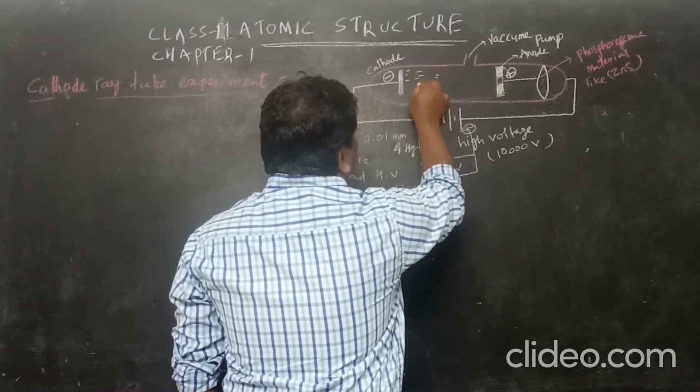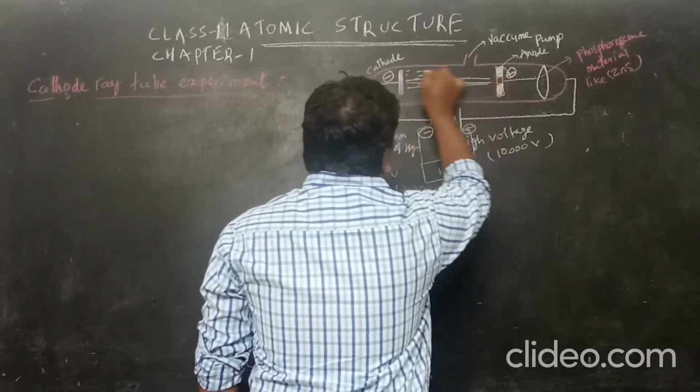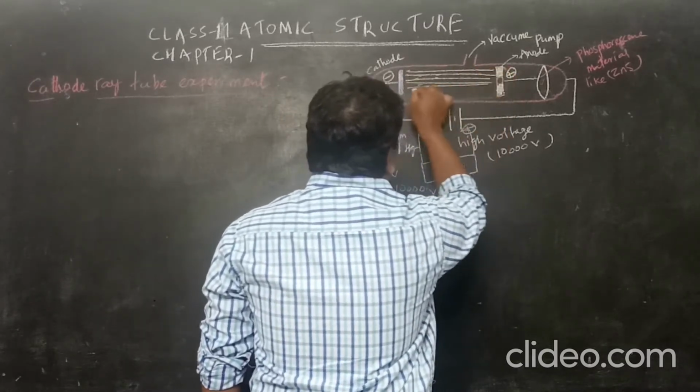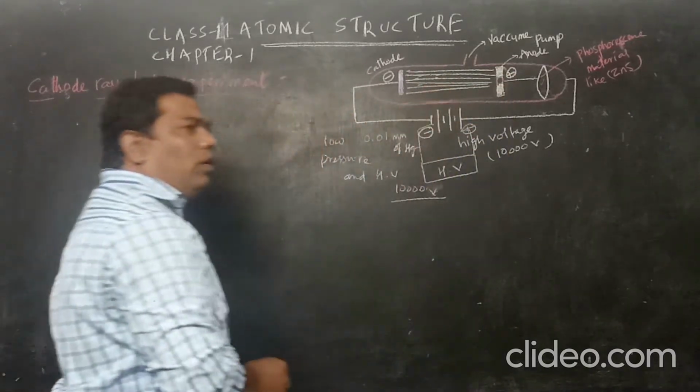So these rays travel from cathode to anode, and we call them cathode rays.